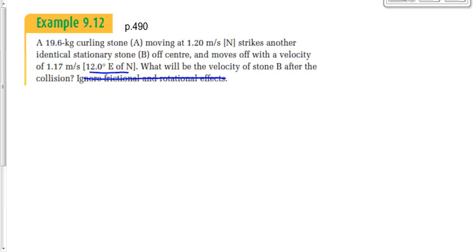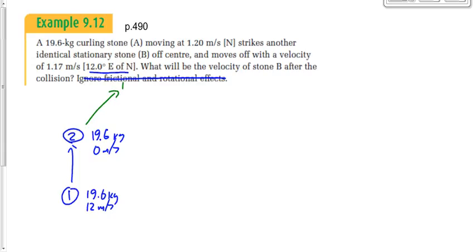Curling rock 1, 19.6 kilograms, a velocity of 1.2 meters per second to the north, strikes curling rock 2, which is also 19.6 kilograms at 0 meters per second. Curling rock 1 goes off east of north, so number 1 goes up this way, still 19.6 kilograms, at 12 degrees east of north with a speed of 1.17 meters per second.